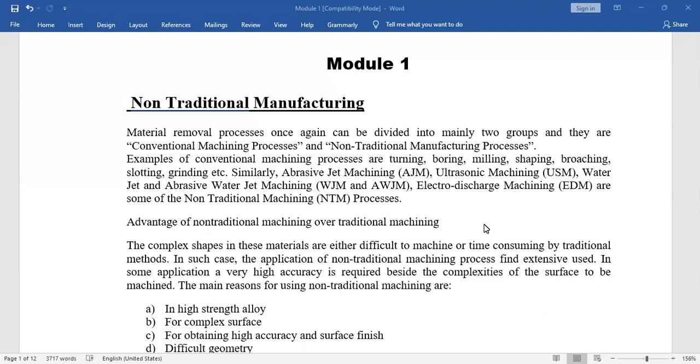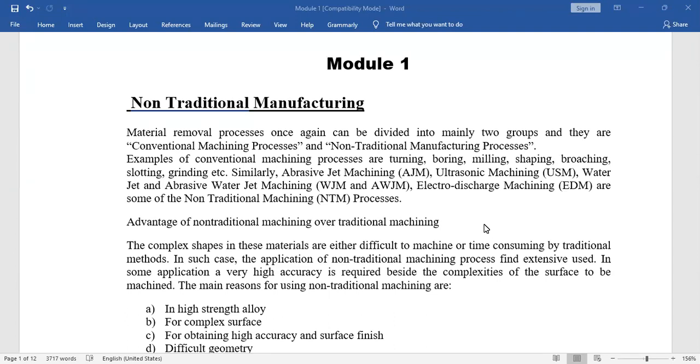Now, the third difference is that in most of the cases of the conventional machining process, as we know, the tool should be harder than the workpiece material. But for the machining of harder material, it is very difficult to do with the conventional machining process due to unavailability of the tool material.